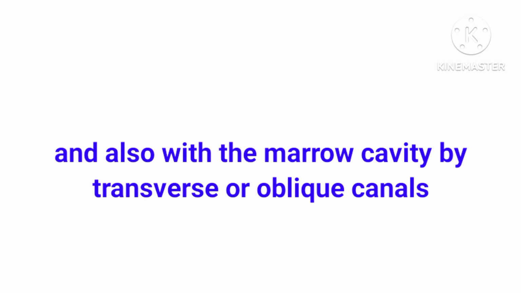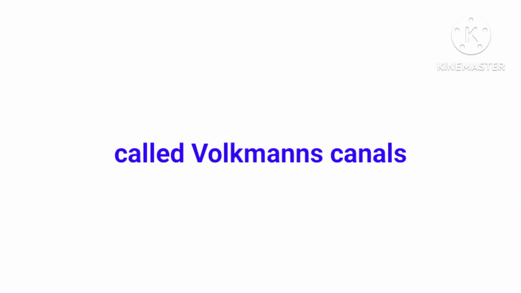By transverse or oblique canals. Transverse or oblique canals means Volkmann's canals interconnect Haversian canals. Haversian canals are longitudinal canals that are arranged parallel to the long axis of the bone.